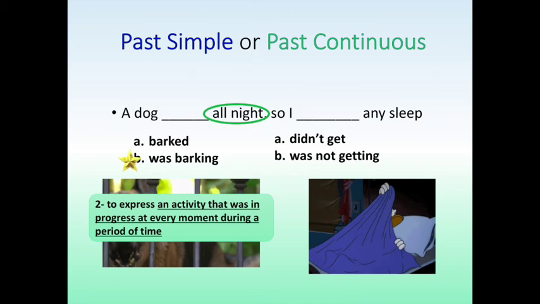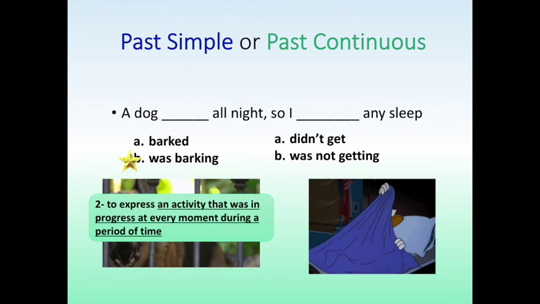Remember, we use past continuous to express an activity that was in progress at every moment during a period of time. So if you see all night, all day, all week, then you want to use one of those continuous tenses. And here we're going to use past continuous.